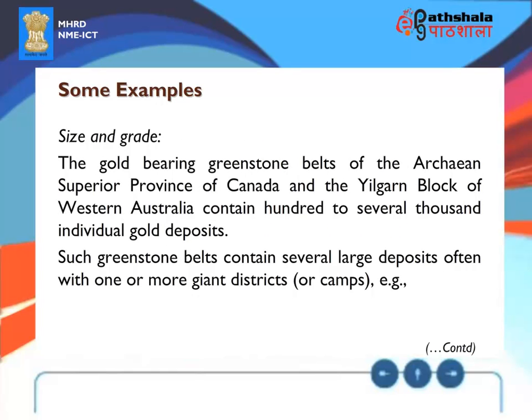Size and grade. The gold-bearing greenstone belts of the Archean Superior Province of Canada and the Yilgarn Block of Western Australia contain 100 to several thousand individual gold deposits. Such greenstone belts contain several large deposits, often with one or more giant districts or camps.